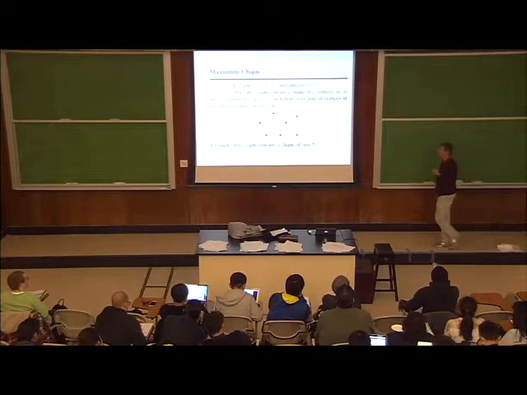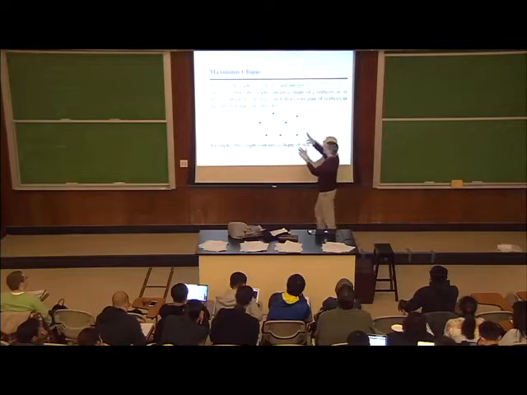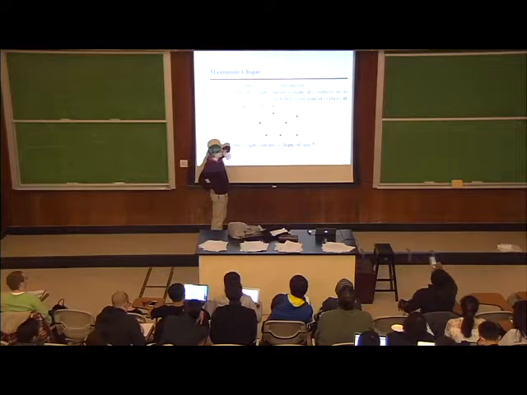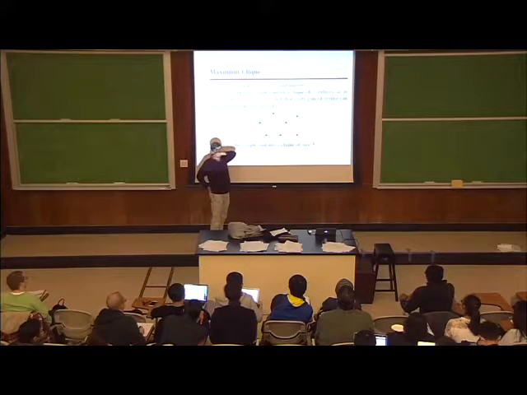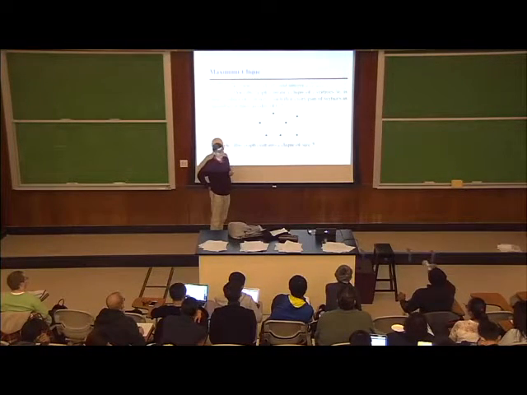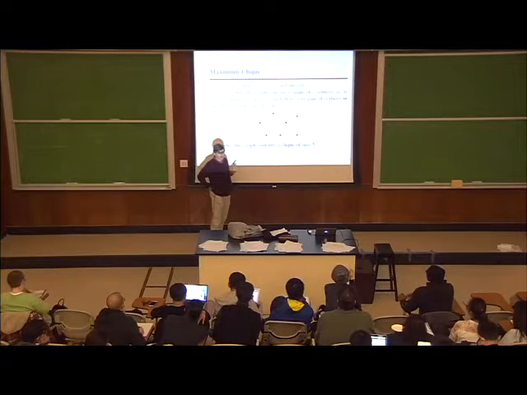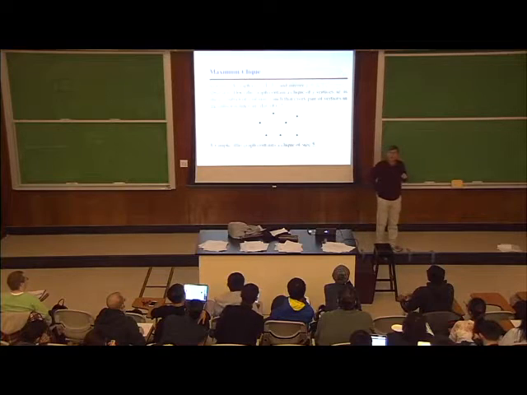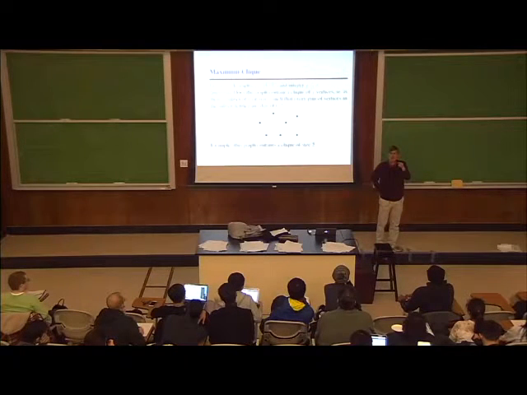Is it the case that if we take a clique and we delete it, we get an independent set? Not necessarily, okay? You're saying in this particular example it looks like it works, right? Can anyone give me a graph where this is not going to work? Okay.